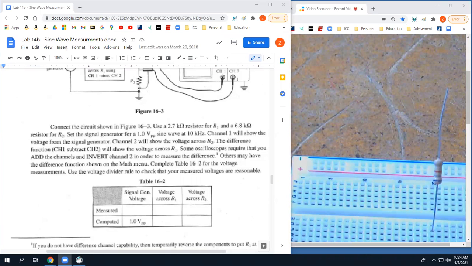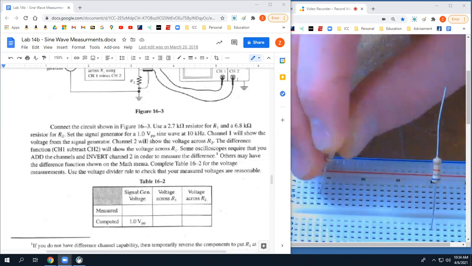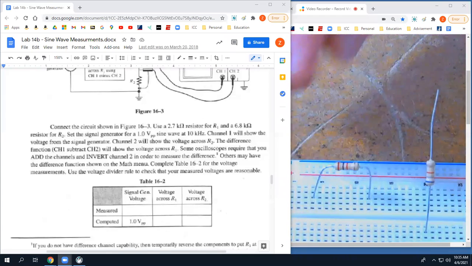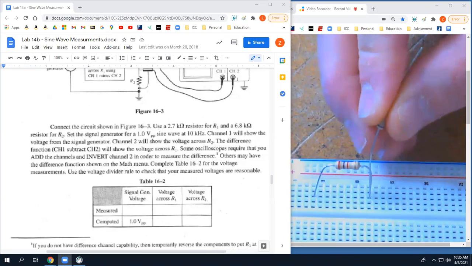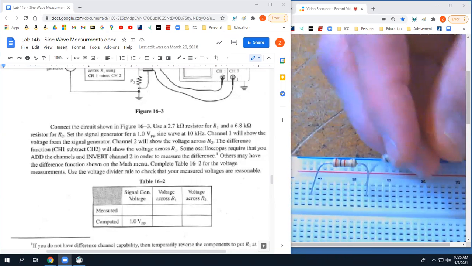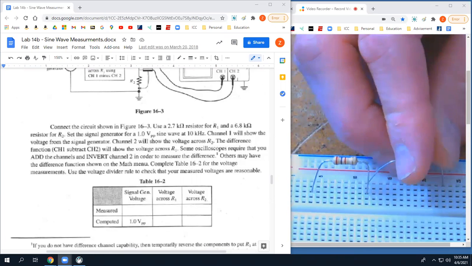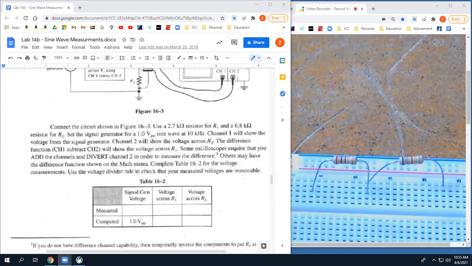R1 is 2.7K, so that's going to be the red, violet, red. R2 is going to be the 6.8K. So R1, R2, and these are the probes for me.